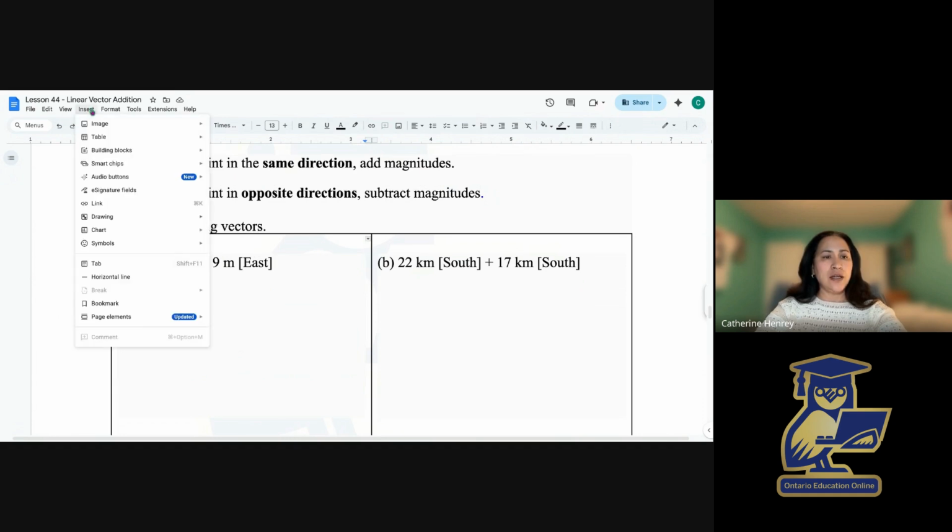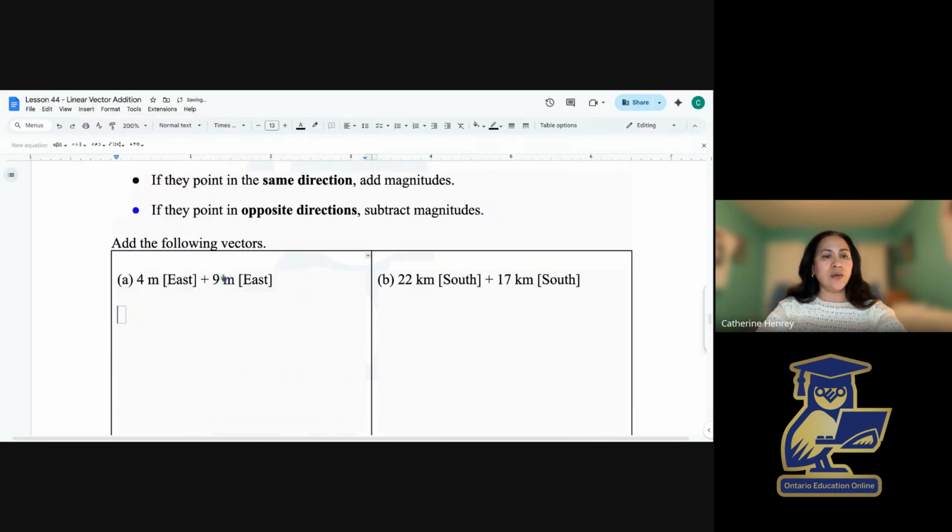So if you've forgotten here, let me make sure I remind you. Go down to Insert. You can go Symbols, Equation, and I will just type equals. And I will add 13 meters. And then make sure I still have my direction because it is a vector.